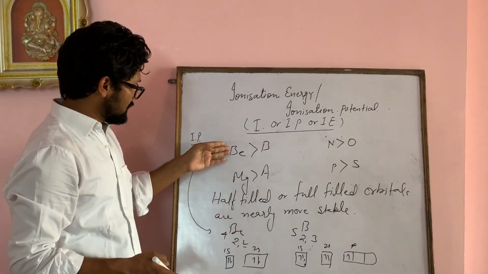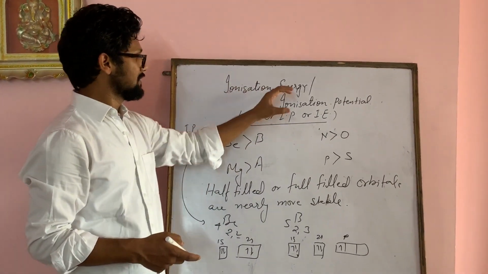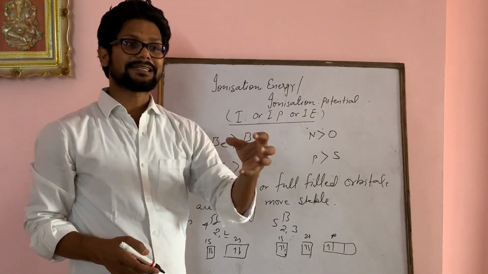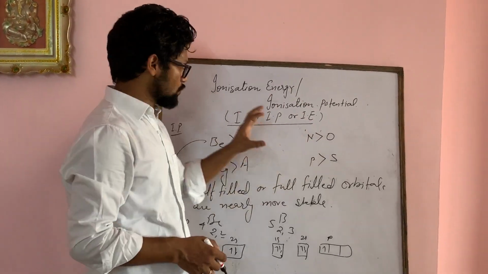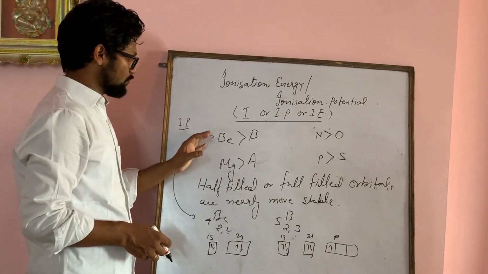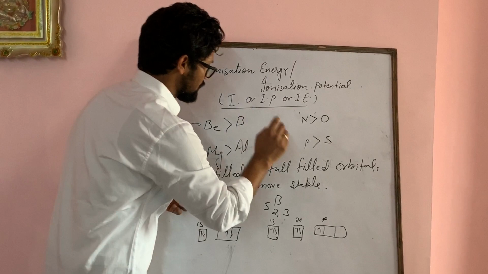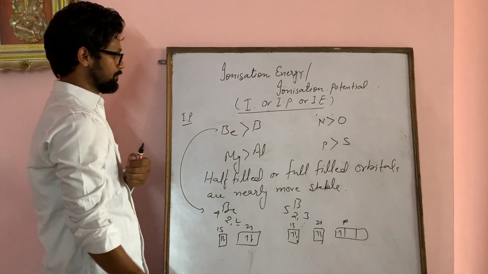Because of that, these four are exceptions in ionization energy values. There are more exceptions you will see in the transition elements, but that is not in our syllabus. I hope you have understood why beryllium, why magnesium, why nitrogen has more IP than the 16th group element.